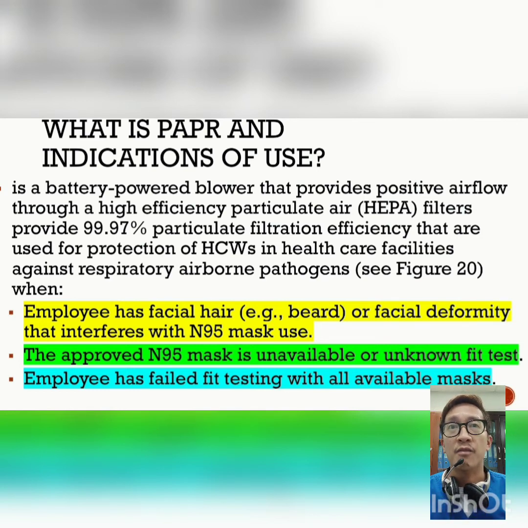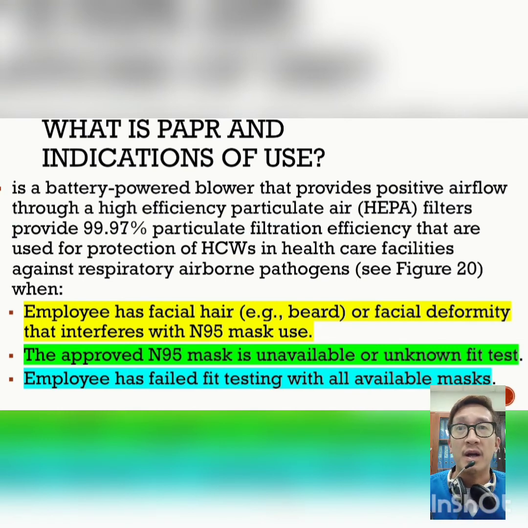It is a battery-powered blower that provides positive airflow through high-efficiency particulate air, or HEPA, filters that provide 99.97% particulate filtration efficiency, used for protection of healthcare workers in healthcare facilities against respiratory airborne pathogens.